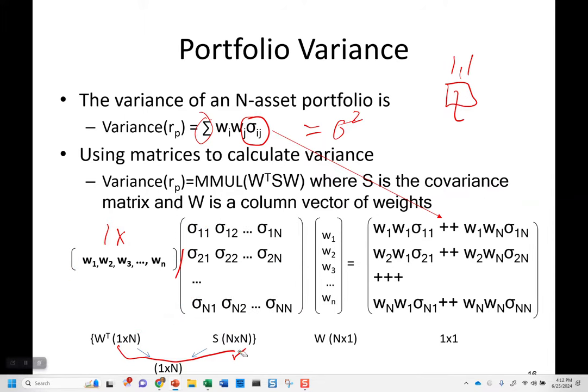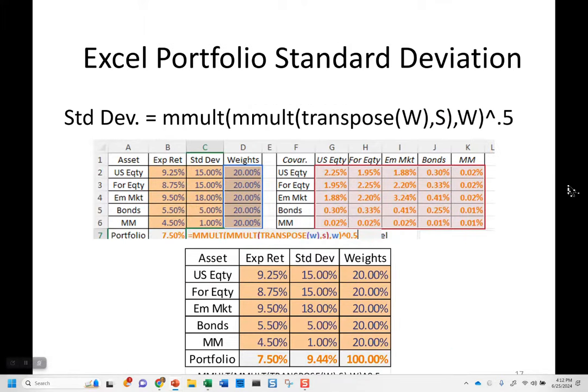Remember I said when you do the first matrix multiplication, this times this, you get a 1 by n, and then you multiply times this n by 1, my weights column, and I wind up with a 1 by 1. And what it does is it accounts for all the combinations of the covariances and the weights. In Excel, how we're going to do it is we're going to write a formula where I do the first MMULT inside of these brackets.